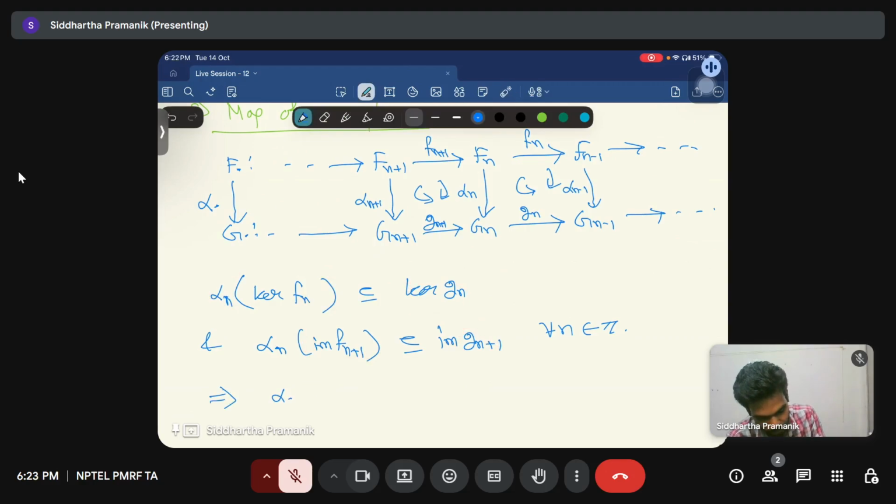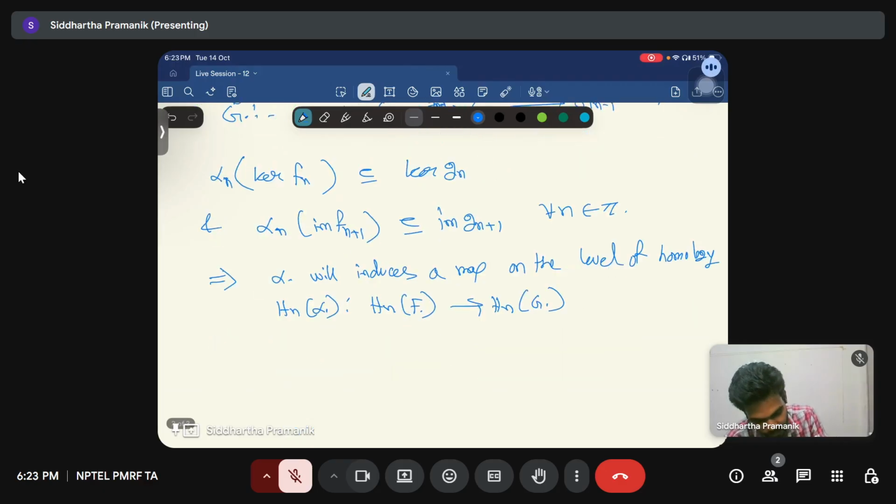Alpha will induce a map on the level of homology. So it will be hn of alpha dot from hn of f dot to hn of g dot.